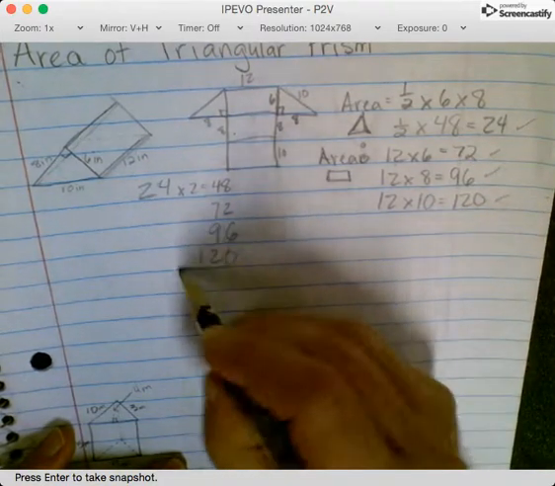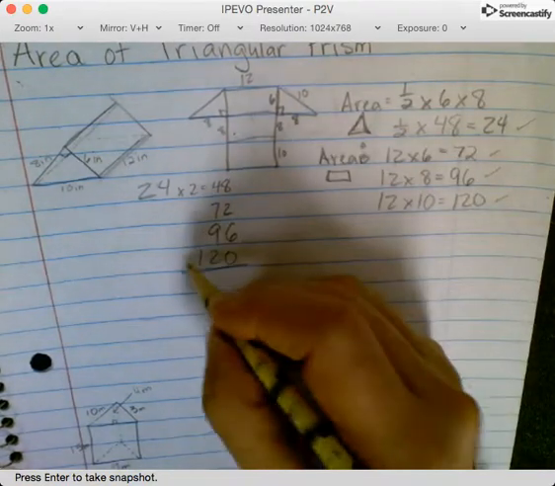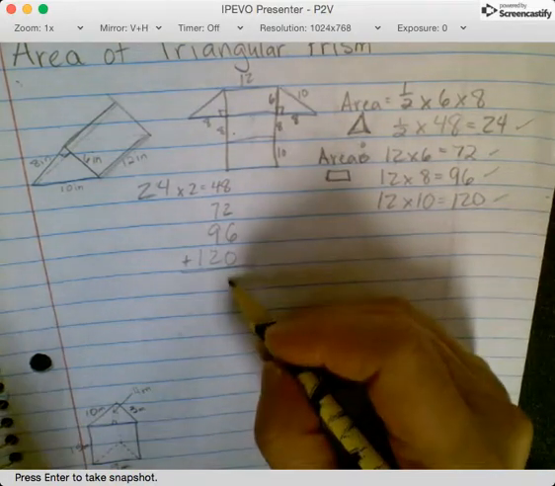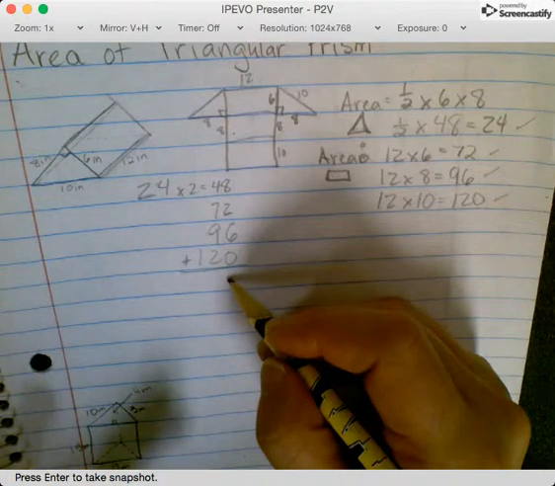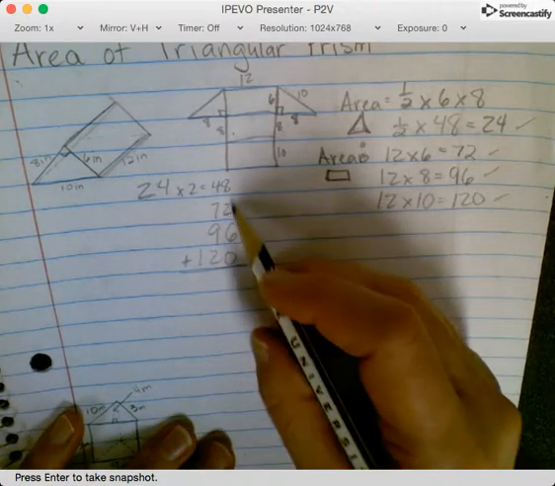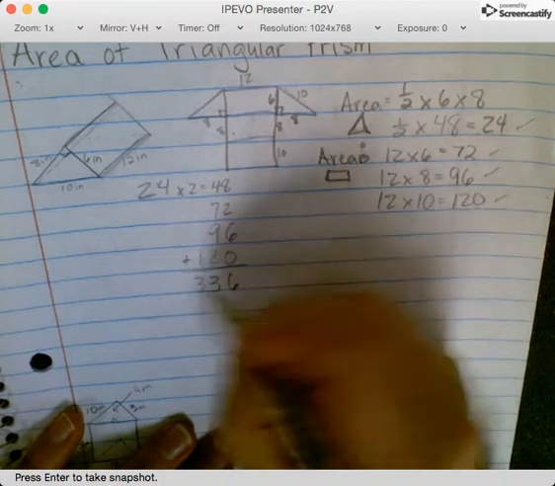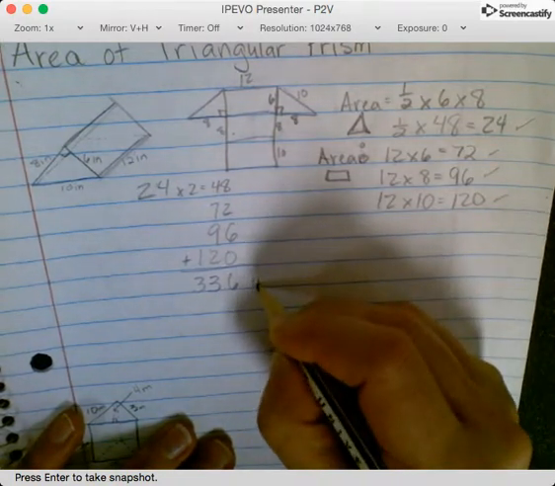And if you notice that I did the check marks there to make sure I'm not missing something, you can do that on your page as well. So if I add these up, I get 336 inches squared.